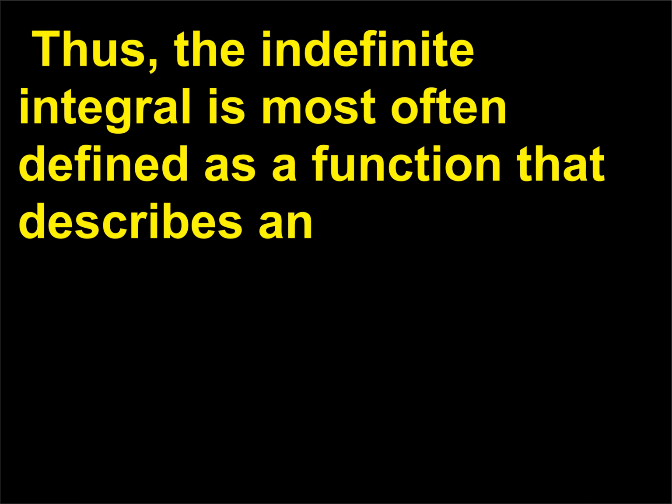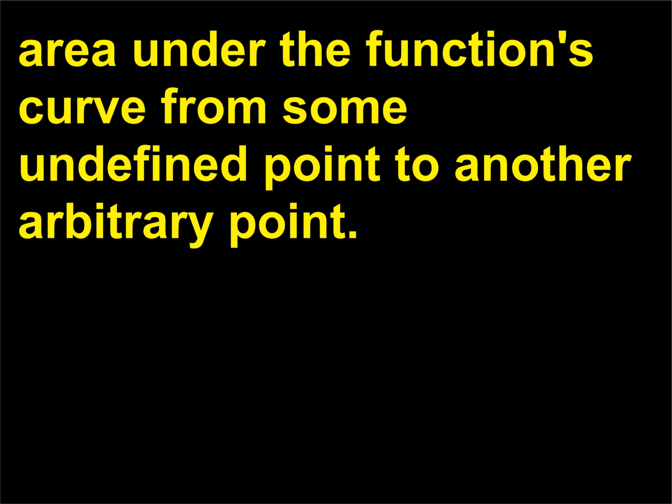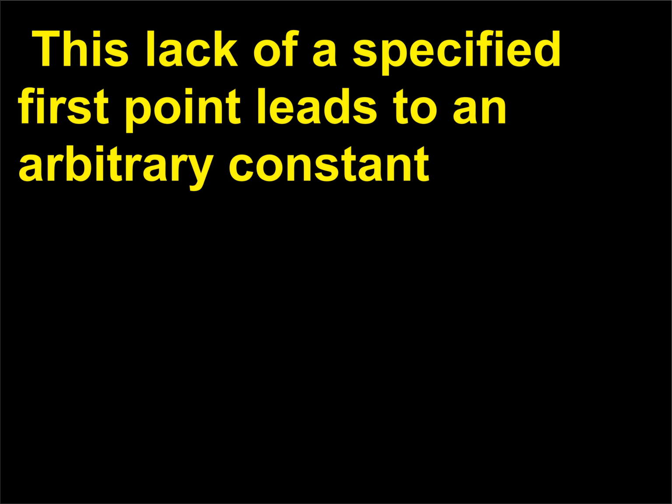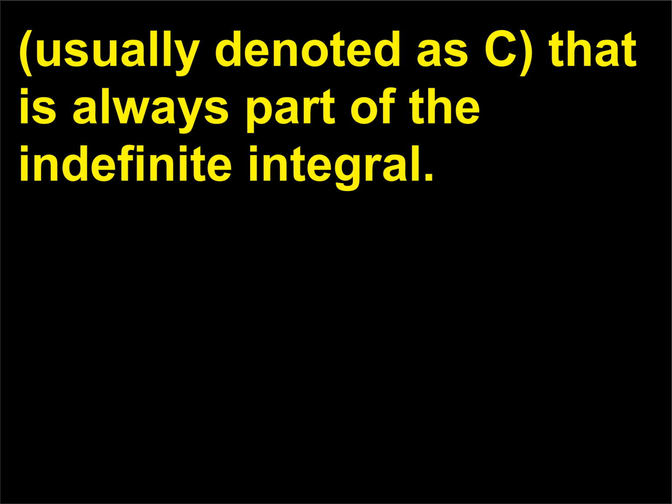Thus, the indefinite integral is most often defined as a function that describes an area under the function's curve from some undefined point to another arbitrary point. This lack of a specified first point leads to an arbitrary constant, usually denoted as c, that is always part of the indefinite integral.